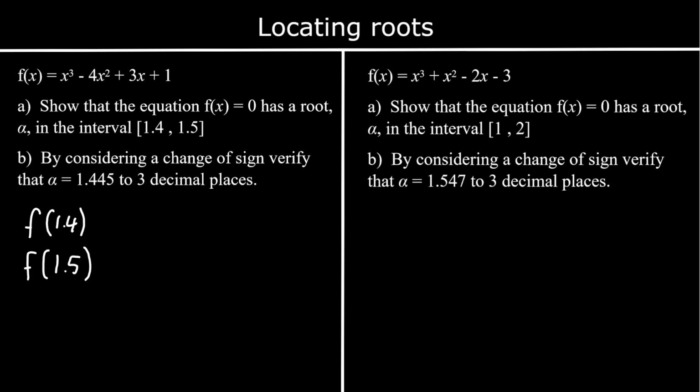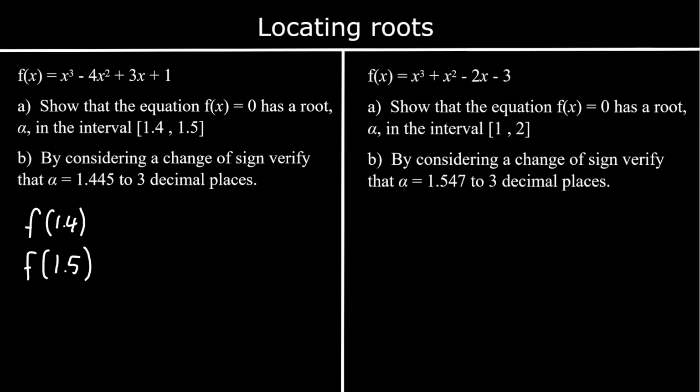I should say that this only works for continuous functions. If we had an asymptote, we can see we've got a positive here and a negative here, but it's not a root. It doesn't cross the x-axis because it's not continuous.